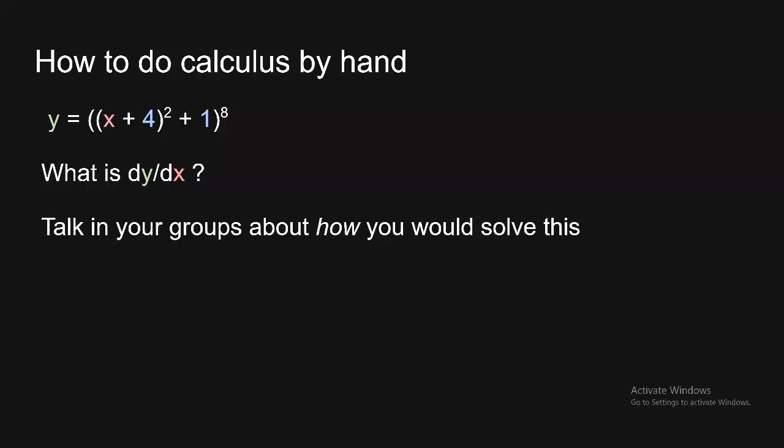Basically just find the most outer function. Yeah, so how did you decide, not to use chain rule, but how did you decide which way to apply chain rule? I found the most outermost function, and then took everything inside, left everything inside of that normal, and also copied it and multiplied the entire thing by that, and then kept doing that.